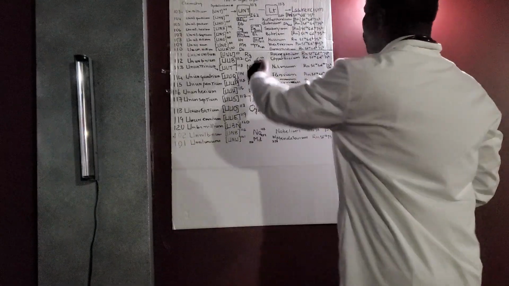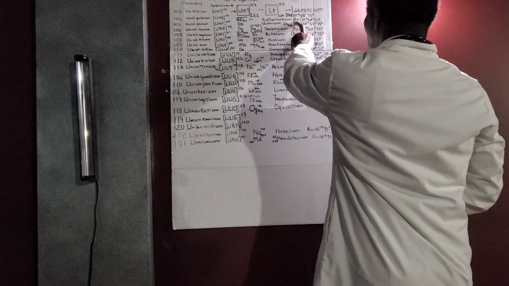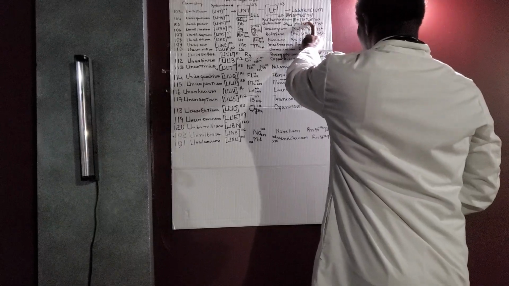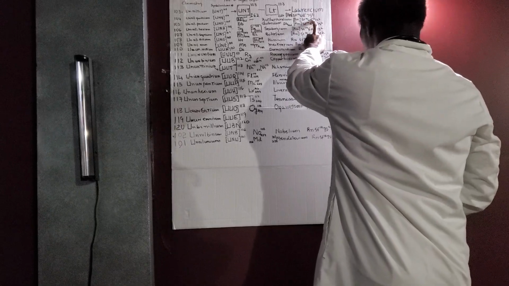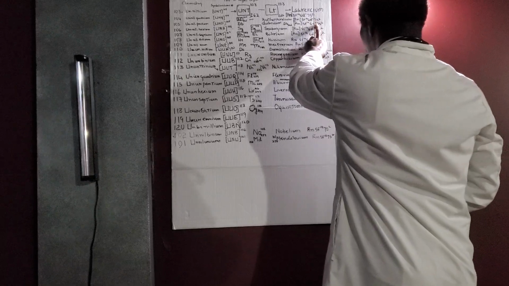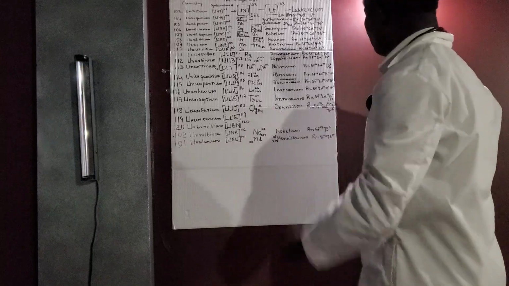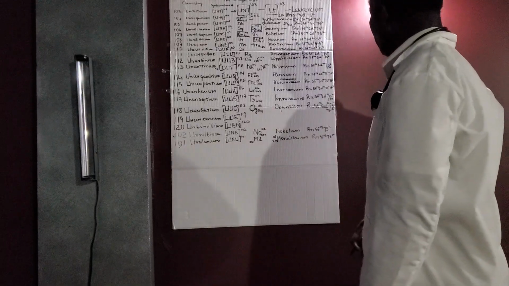And that's rutherfordium, with an electronic configuration of 5F14 6D2 7S2.